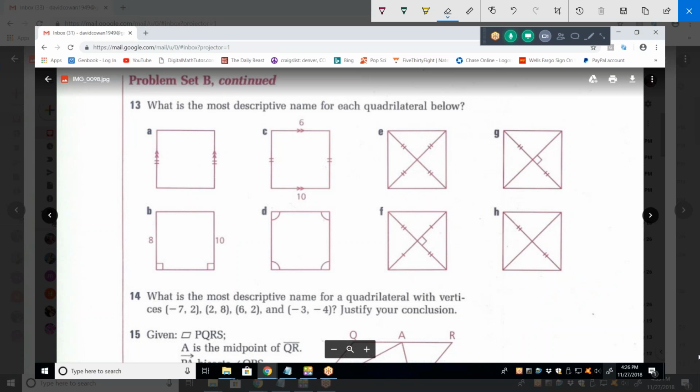Well, let's see. It's not a rectangle because we know those two lines would be equal. It's not a parallelogram because everything would bisect one another. How about a trapezoid? If it was an isosceles trapezoid, they would both bisect one another, I think.